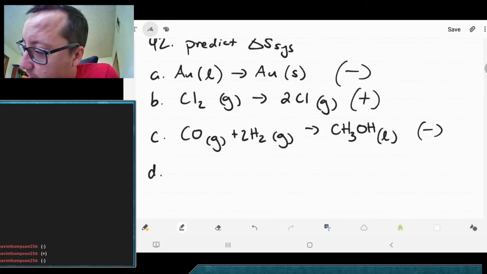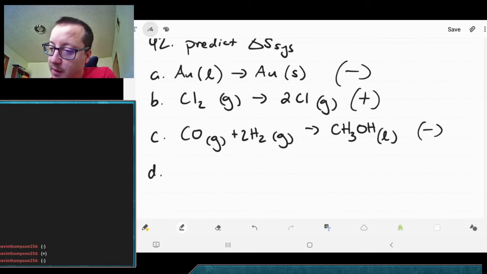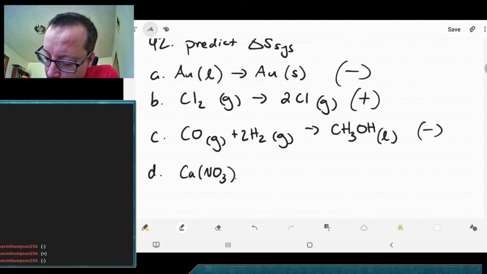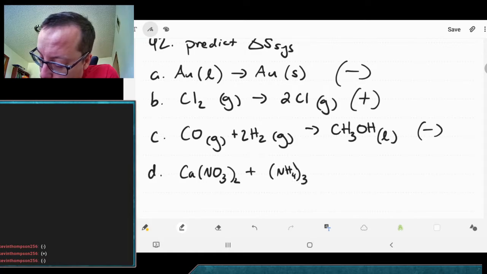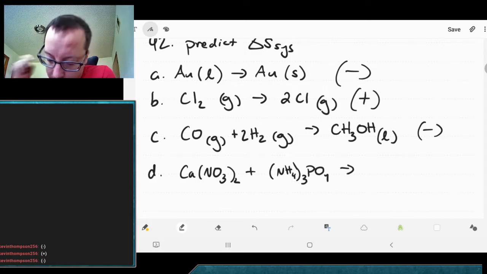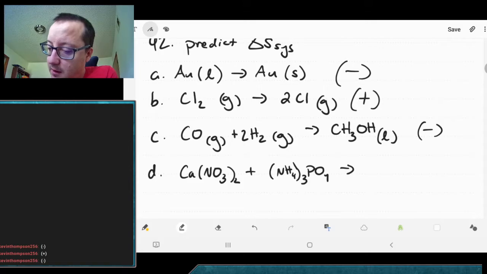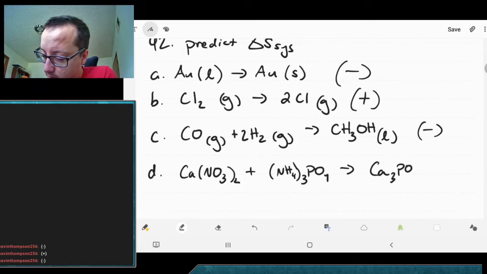All right, and the last one here is precipitating calcium phosphate. So we're making calcium nitrate plus ammonium phosphate. And with that, we're going to get calcium phosphate and, what is it, ammonium nitrate.